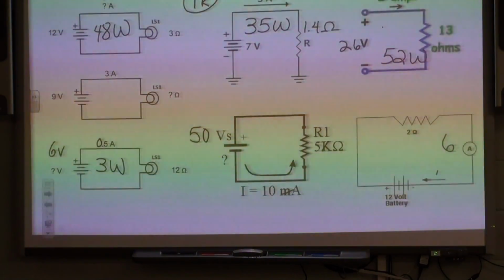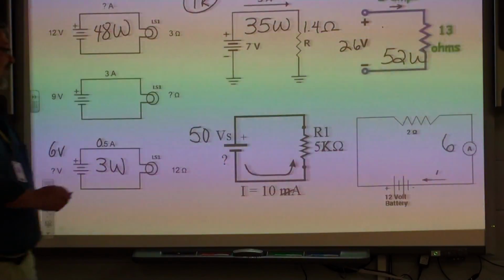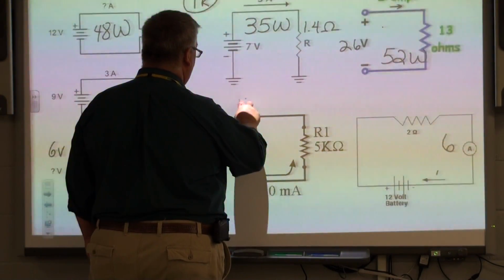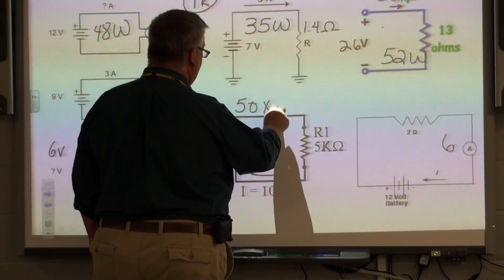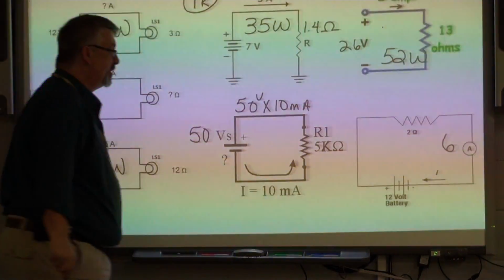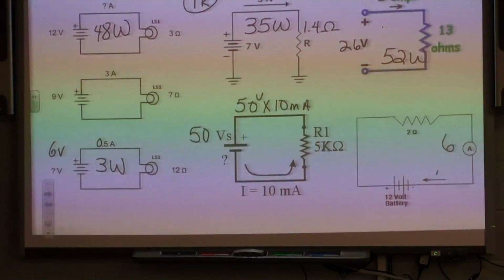Here, 500 what? 500 blank watts. Micro? Nope. So it's 50 volts times 10 milliamps. So what's our answer going to be in? Should be 500 milliwatts.